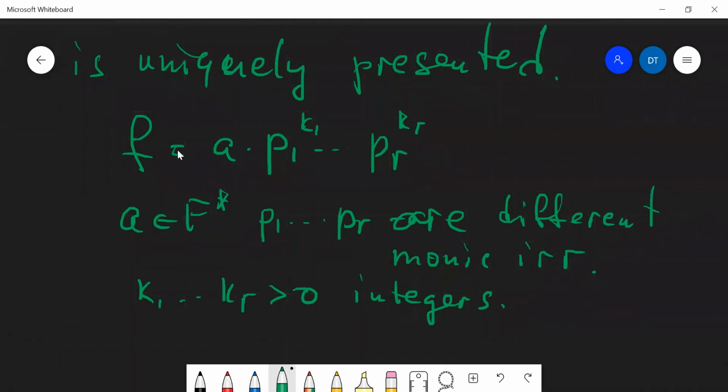So every polynomial is uniquely presented in this form.